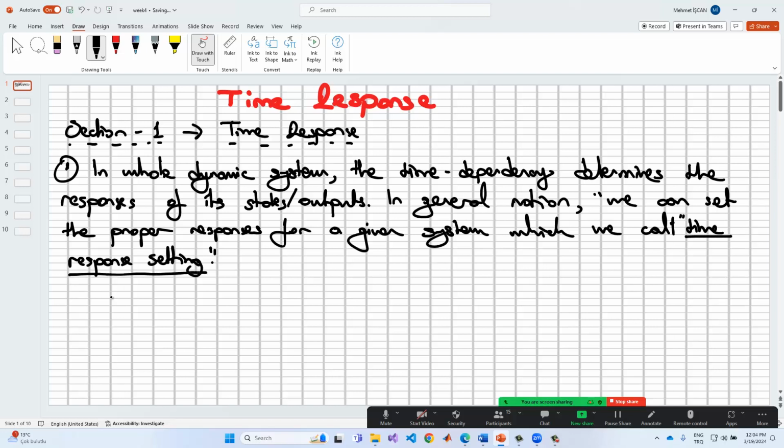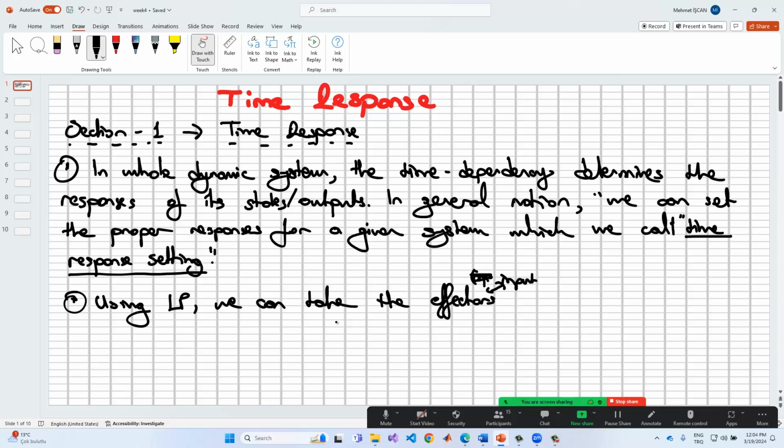Okay, and so if we are using the Laplace transform, then we can take the effectors, which means that this is the input, right? This is the input, for example the force value or voltage value or the pressure value.